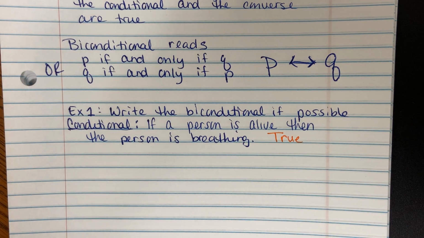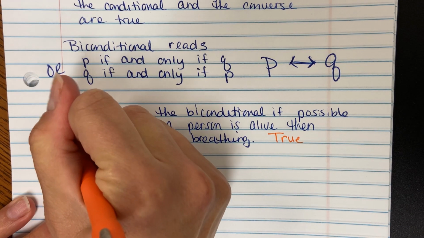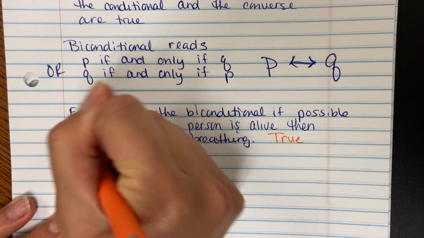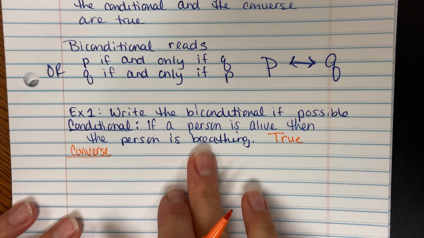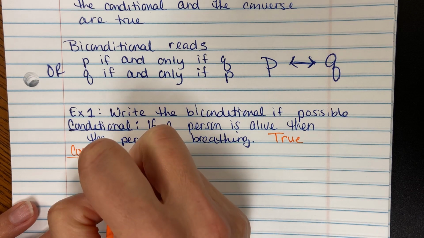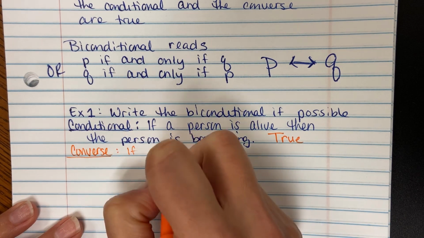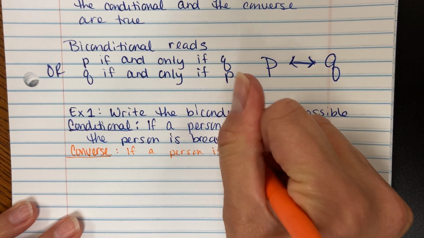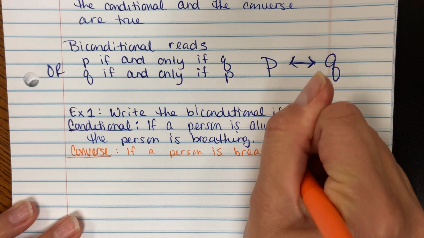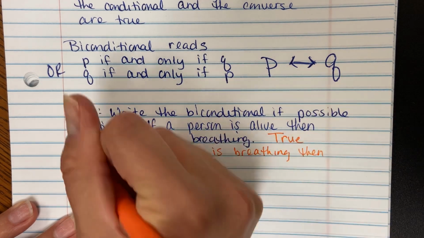Now, once we figure that out, we're going to write the converse, because we need to see if the converse is also true or if not, it's false. So if I flip it, if a person is breathing, then the person is alive.